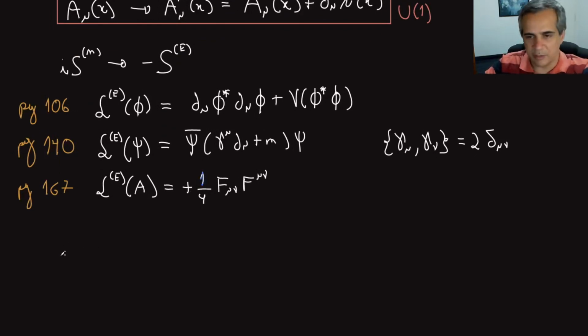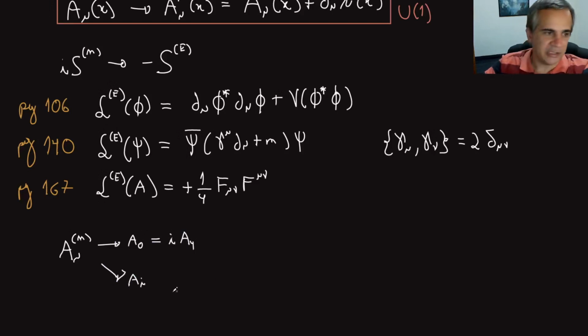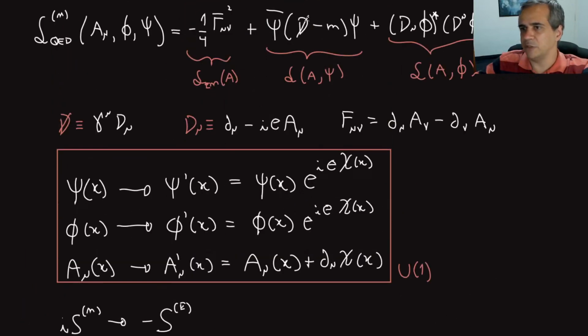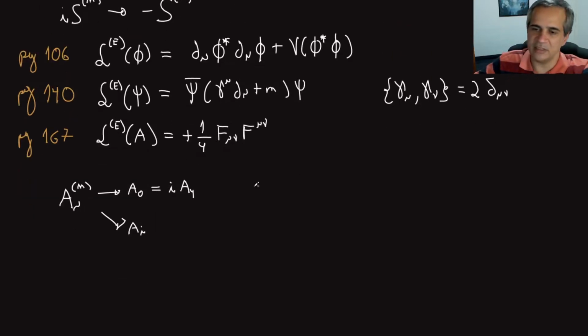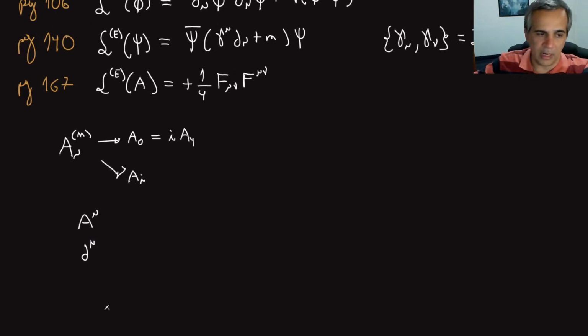seconds thinking about. So the electromagnetic field in Minkowski is given by A0 and Ai, and I have shown close to this page that this rotates in this way, consistently with its dimensions. But now I need to see how it behaves inside these places where it shows up. It turns out that since it has this mu index, A mu is always contracted with either another A mu, a del mu, or a gamma mu.